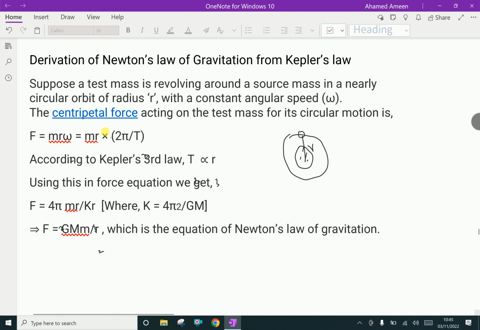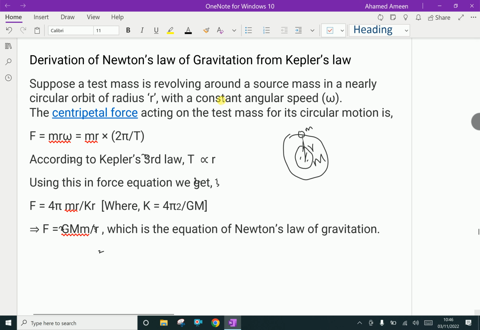Here the big mass is M and the small mass is m. Suppose a test mass is revolving around a source mass in a nearly circular orbit of radius r with a constant angular speed omega. The centripetal force acting on the test mass for its circular motion is F equal to m r omega squared.